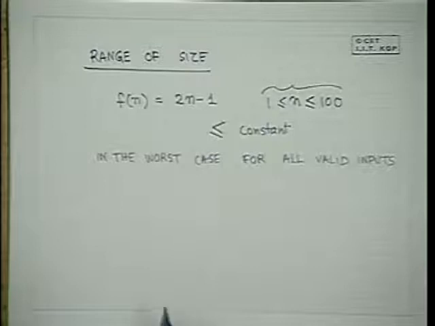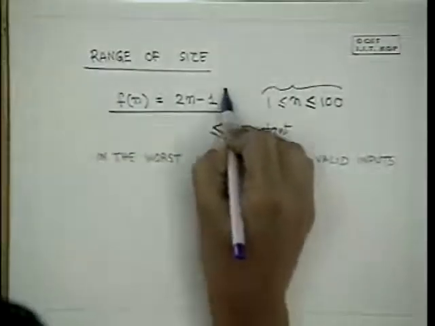That is, how will you add n numbers, where n can be anything? Then this function becomes very important.